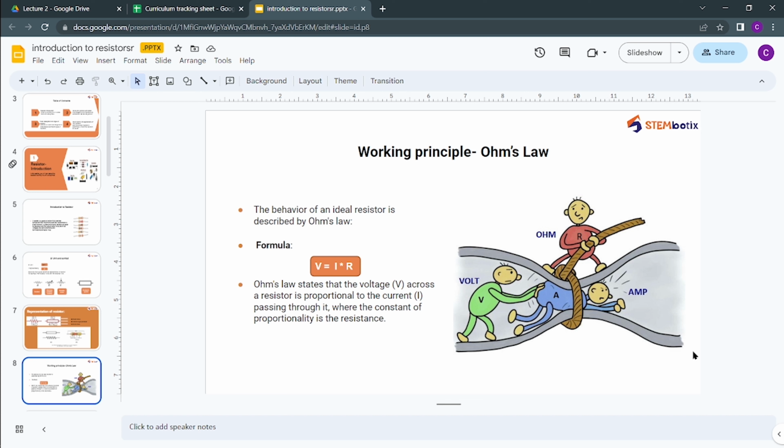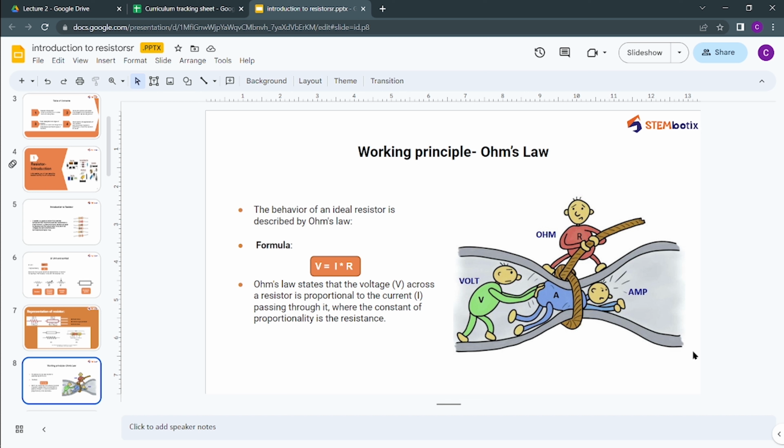Now 1 ohm is described as follows. As you can see, V equals I into R, so R is equal to voltage divided by the current flowing through it. Whenever you want to find the value of a resistor, you can use this equation, V divided by I. So an ohm is equivalent to a volt per ampere.